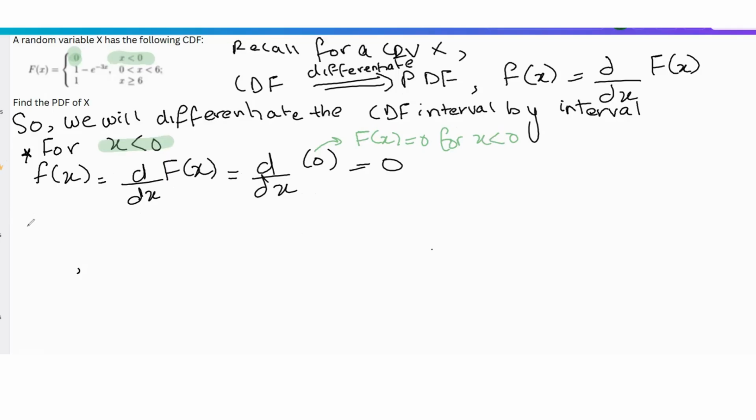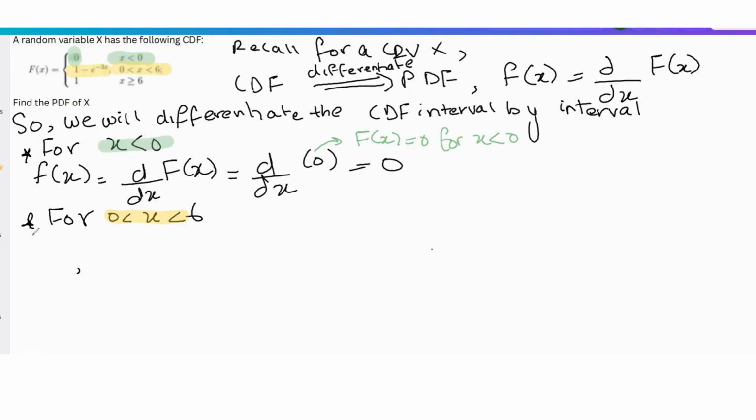Now let's do it for the next interval, which is for x greater than 0 and less than 6. This is the interval for x between 0 and 6, and this is the CDF value in that interval.